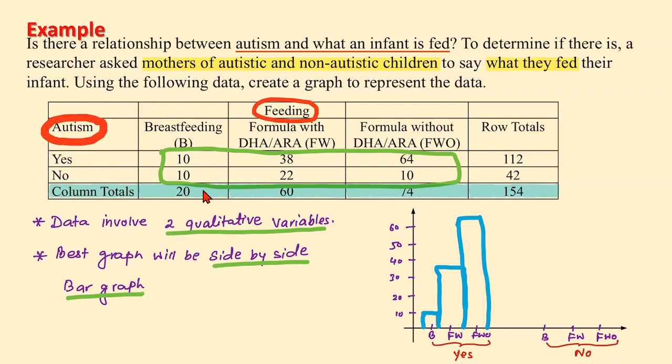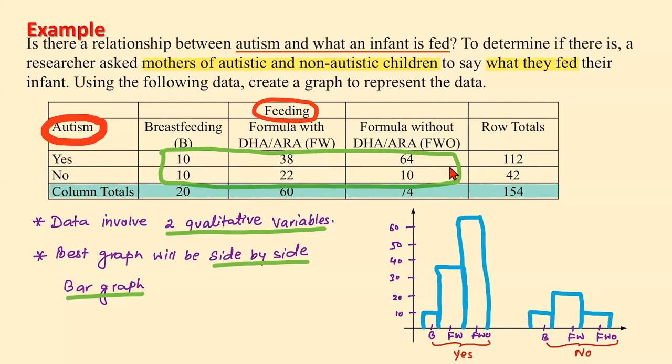Breastfeeding, no autism. 10 of them, just the equal height. Next one, formula without DHA, 22, no autism. So the height will be 22 here. And then the next one, we have 10 again. Just like that.